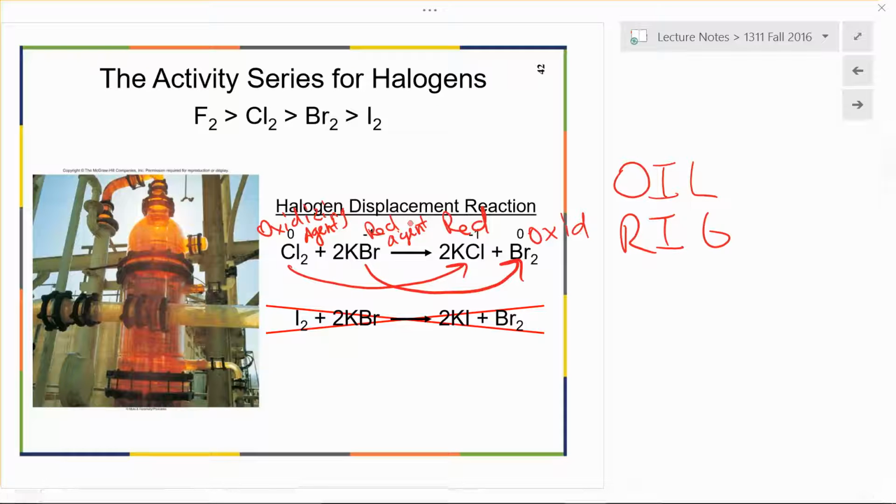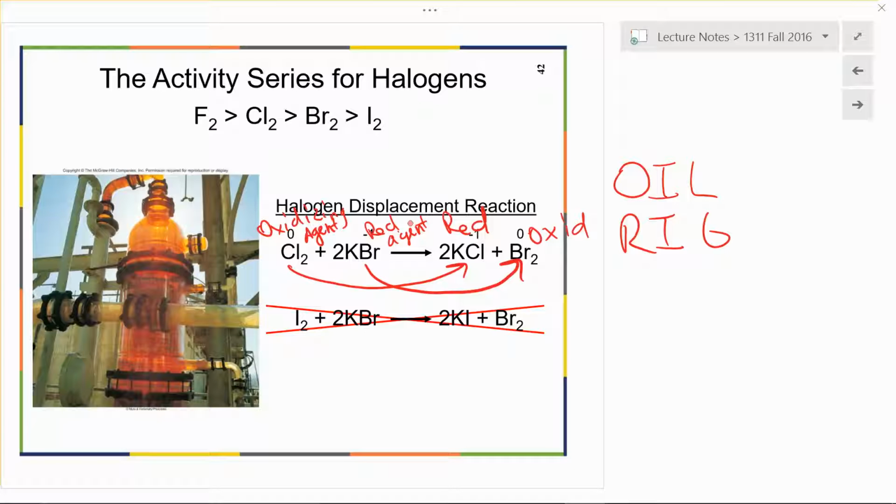Okay, so when we look at the activity series here, chlorine is an oxidizing agent. Chlorine is a stronger oxidizing agent than bromine. And because it's a stronger oxidizing agent than bromine, it causes the oxidation of bromine. But can bromine cause the oxidation of chlorine? No. Can iodine cause the oxidation of bromine?